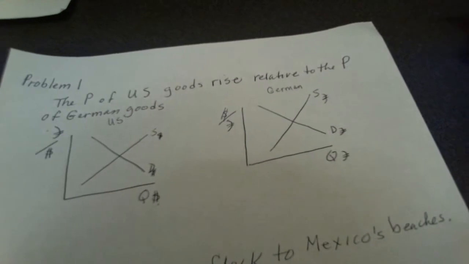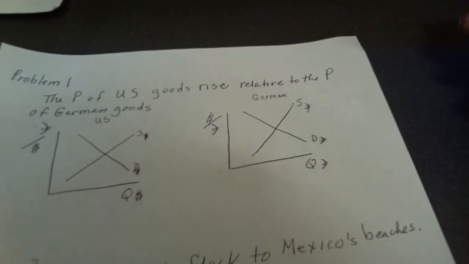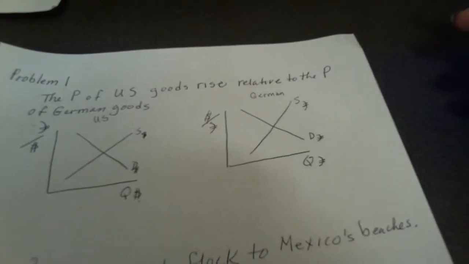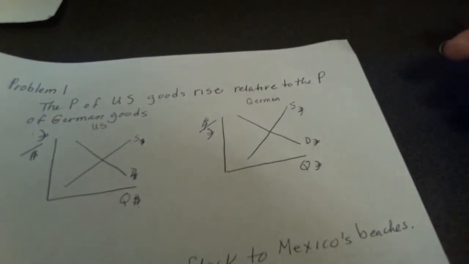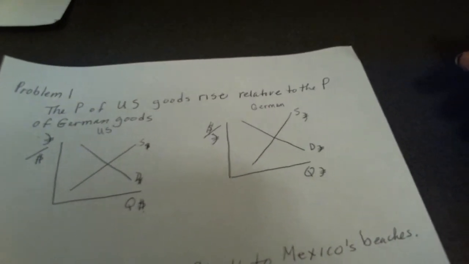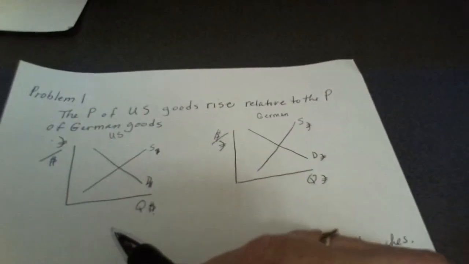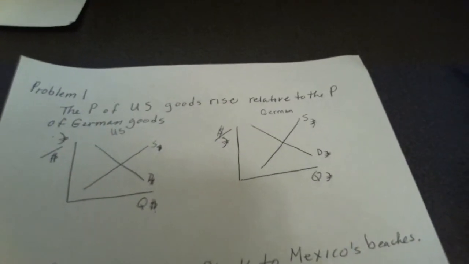All right, this is our starting point. If the price of U.S. goods goes up relative to the price of German goods, what's going to change on the U.S. graph?